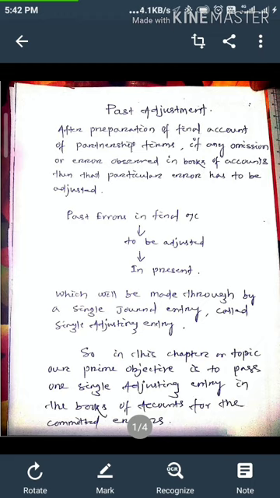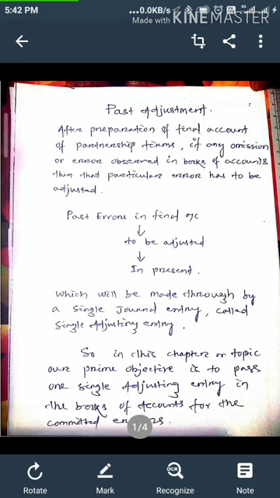So after preparation of the final account of the partnership firm, if any omission or error is observed in the books of accounts, then that particular error has to be adjusted. So past errors in the final account are to be adjusted in the present accounting year, and as you know, in our accounts, anything which we have to do is through a journal entry.